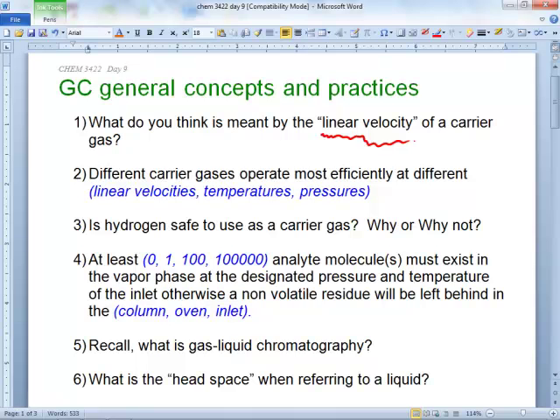Okay, so different carrier gases operate most efficiently at different linear velocities. So you would want to pick the carrier gas that would have, since time is money, the highest or the lowest linear velocity.